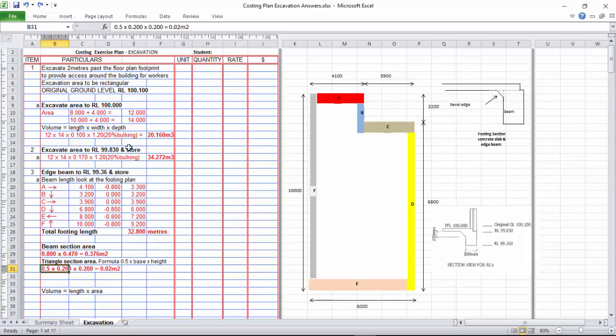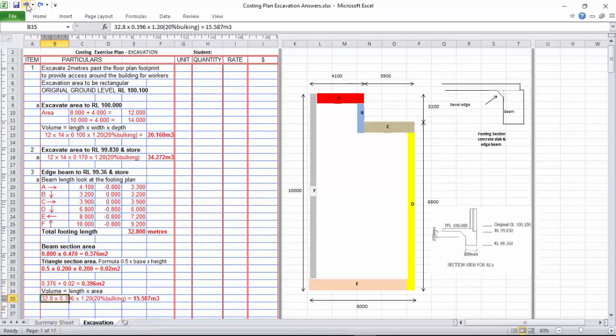Then we've got to do the triangle, and the formula for a triangle is half the base times the height. So we use 0.5, and this is 0.2 by 0.2, the triangle. Now when we add those two together, 0.376 and 0.02, we get 0.396 meters squared.